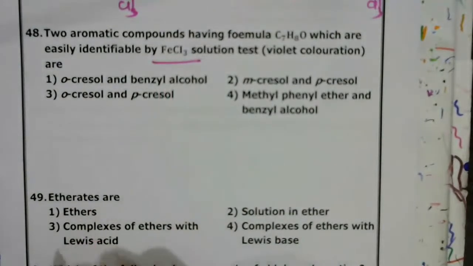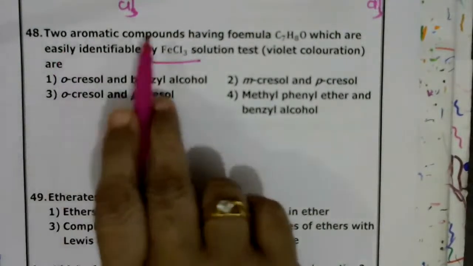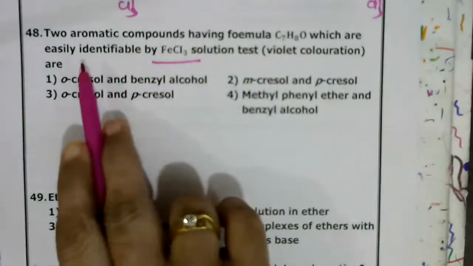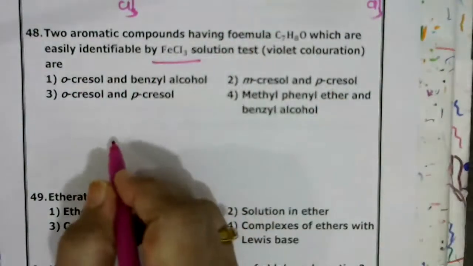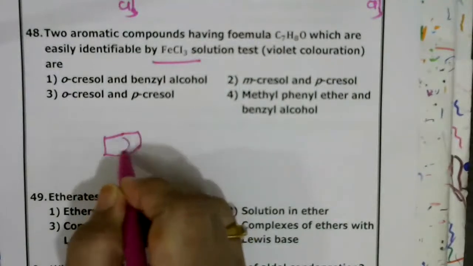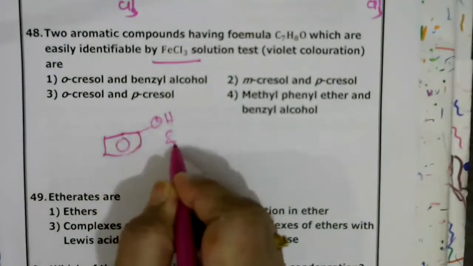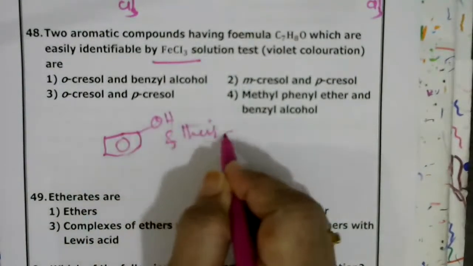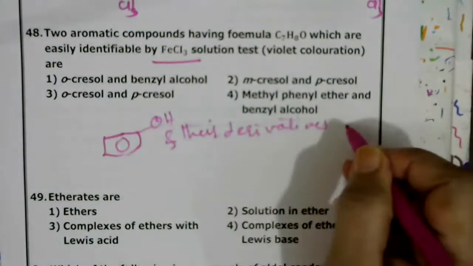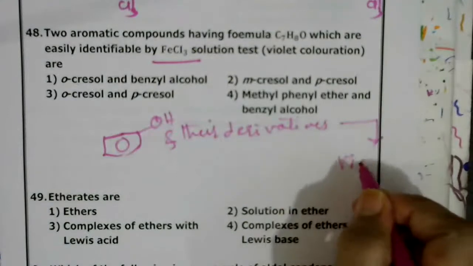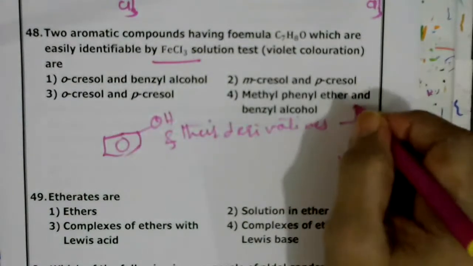Two aromatic compounds having this formula are easily identified, meaning both are going to be distinguished. So it should be a phenol derivative. Phenol and its derivatives give violet coloration with what, children? FeCl3.